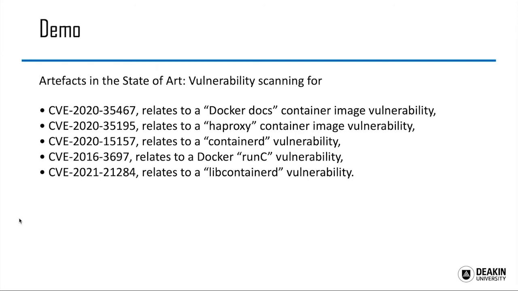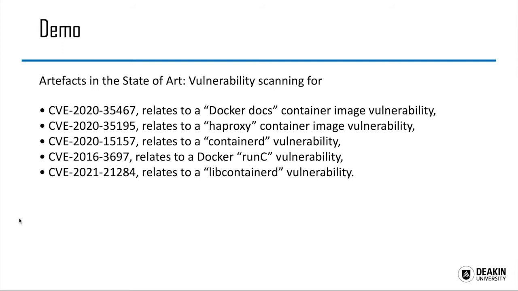DevOps teams will know what their environment is about and what images they're running, and they will go through and scrub their CVEs and want to check this shortlist to validate. So we know we are running specific workloads, and we want to validate these specific CVEs in our environment.